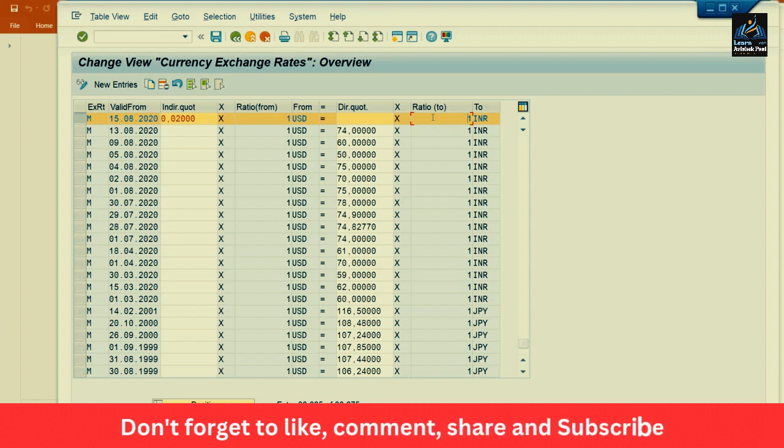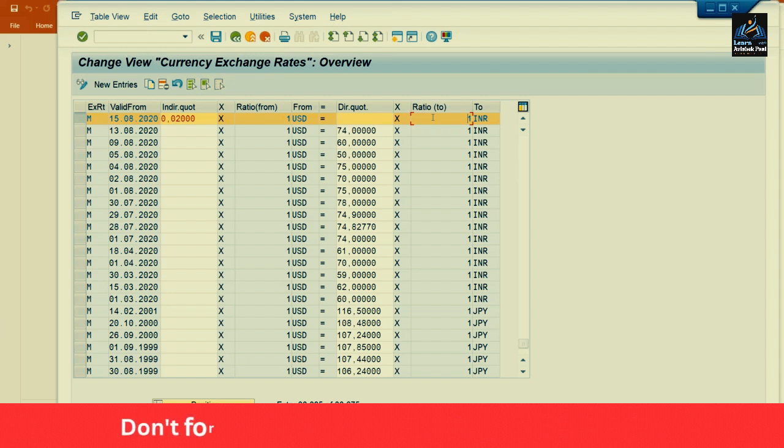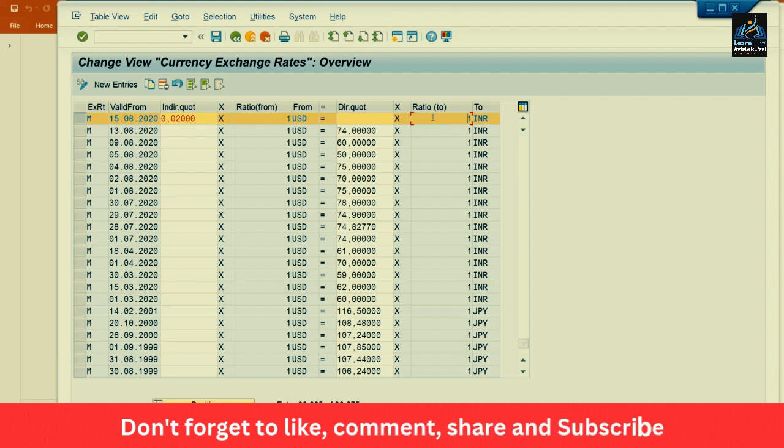how many Indian currency, guys? A simple mathematical calculation is there. 1 USD equals how many? 0.02 USD equals 1 Indian currency. It means 0.02 we can say is 2 paisa, right?